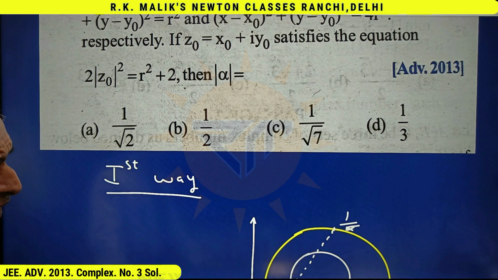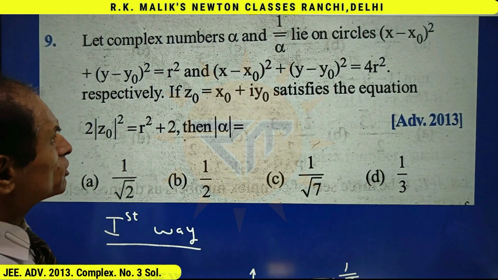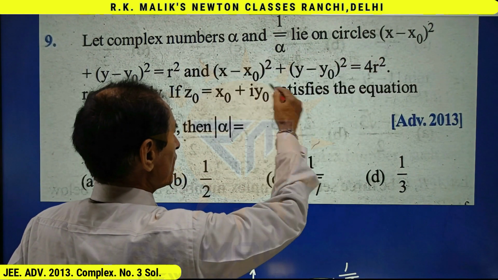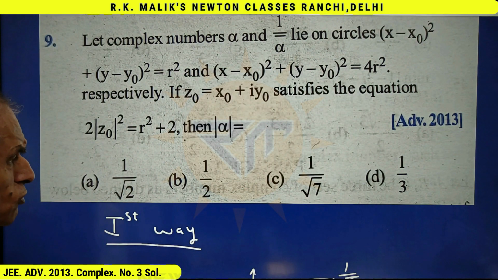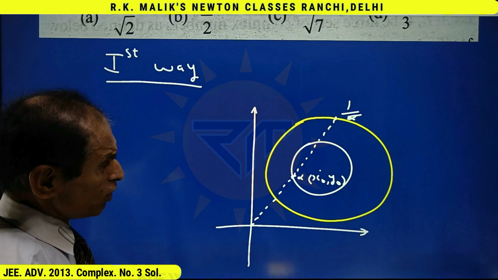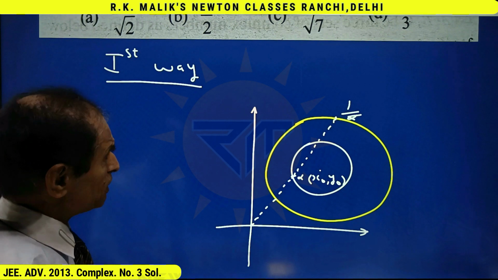Now see what I am going to do for using the magical method. It is clear that the only condition given to us is alpha lies on this circle and 1 upon alpha bar lies on this circle. Looking at all the choices, you can see very easily that the value of mod alpha is a constant. Therefore, for simplicity, I take the position of alpha in such a way that my solution becomes simple.